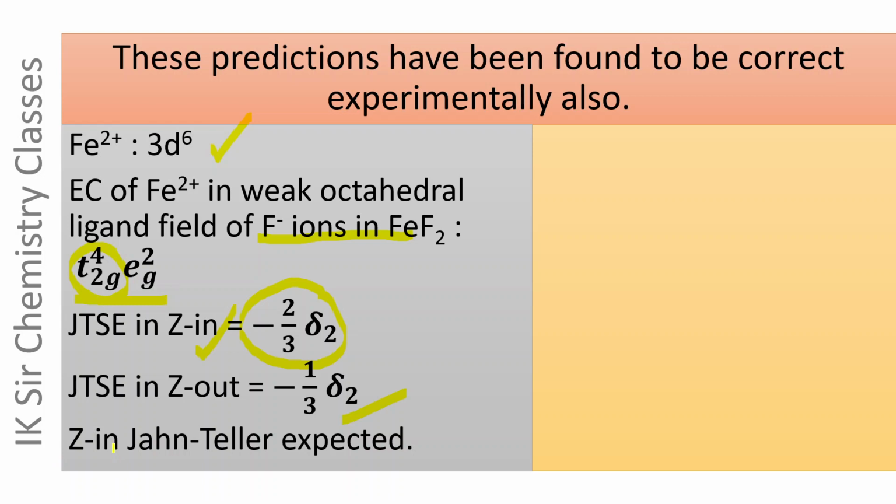It is obvious that the Jahn Teller stabilization energy is greater in Z in than in Z out. The Jahn Teller stabilization energy for Z in distortion is greater than that for Z out distortion, and therefore we can predict with certainty that Z in Jahn Teller distortion will take place in FeF2.